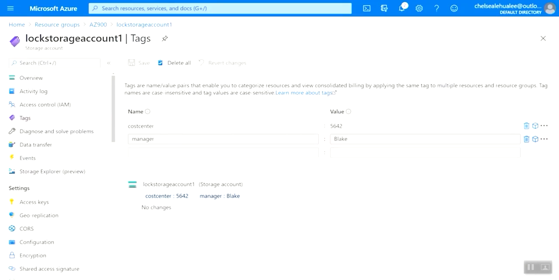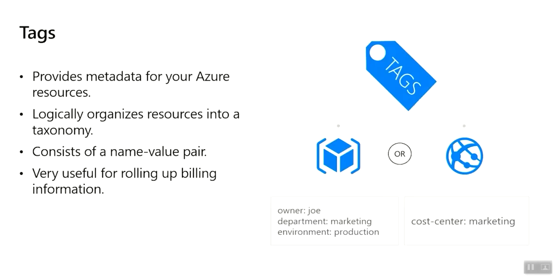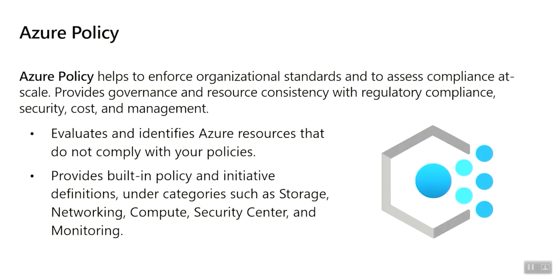All right, so I mentioned it a couple times, but we have Azure Policy. What Azure Policy does, and this is a really common question that comes up, is how can I prevent my users from maybe selecting a really expensive virtual machine?